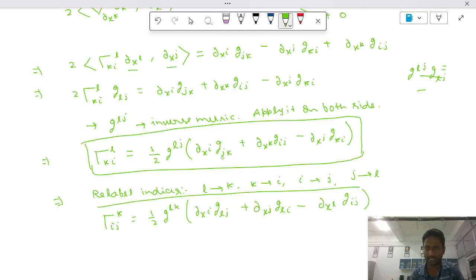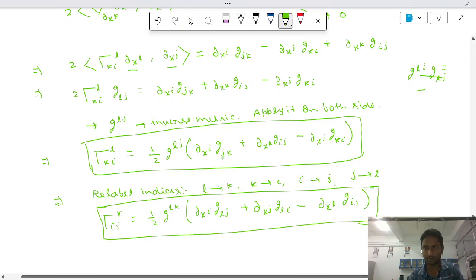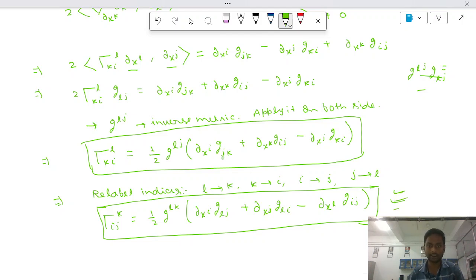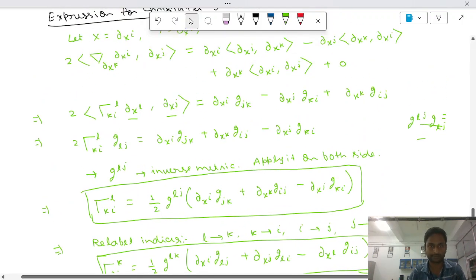Please make sure I have not made any mistake while writing this down, because it is highly possible when you are dealing with these indices that there might be some mistake.